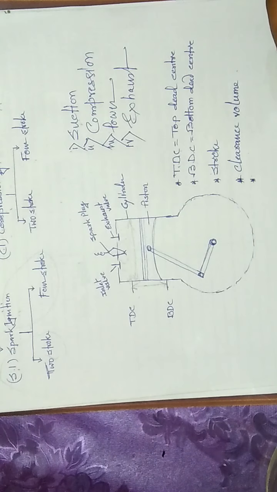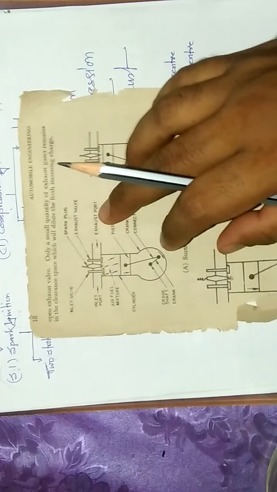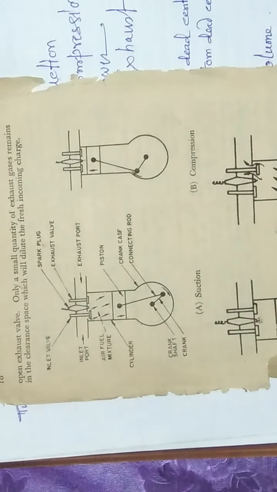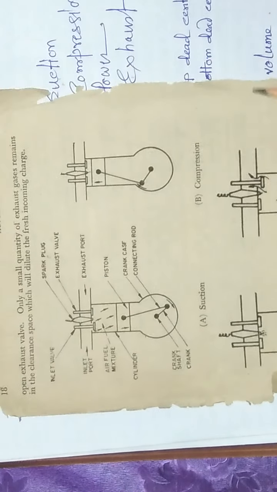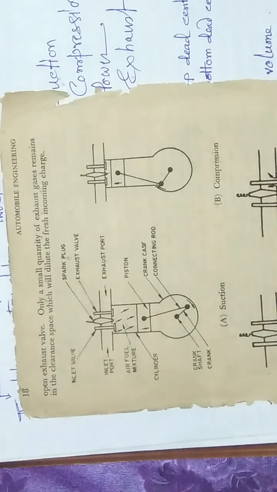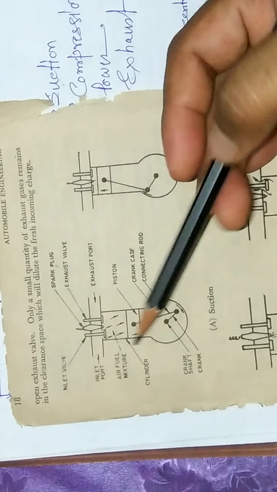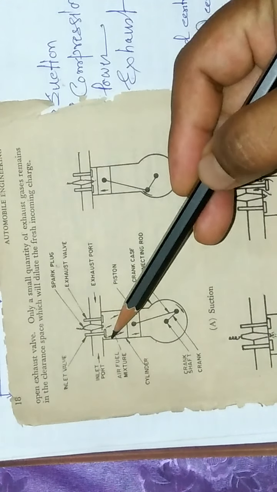Now back to the suction stroke. Here are some diagrams. Let's see what happens in the suction stroke. In the suction stroke, initially the piston is at TDC.